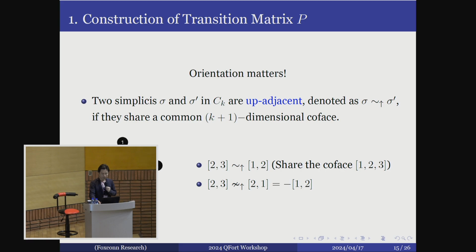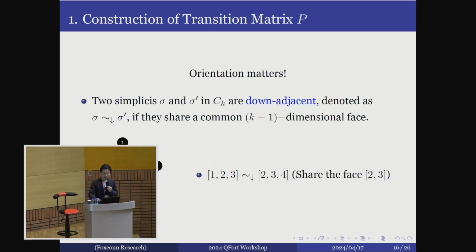Okay, again, to construct the transition matrix, remember that in our talk we consider the oriented version of it. So now you need to identify what is called the up adjacent, and the other direction is called down adjacent.